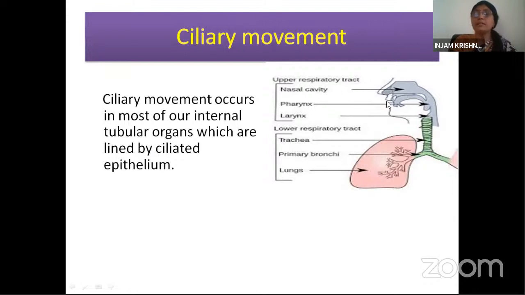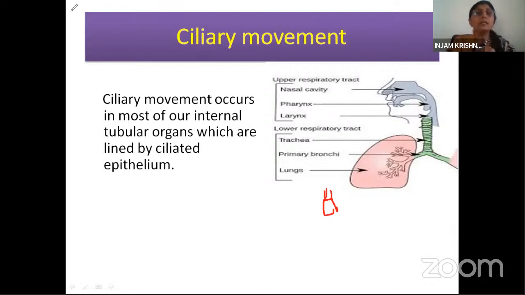When we are inhaling the air, here this is the tube-like structure, the trachea. This tube-like structure is lined by ciliated epithelium. Those cells actually have cilia, hair-like structures. By the movement of these cilia, we eliminate the dust particles in the inhaled air. That is the function of the ciliated epithelium. So it is called ciliary movement.